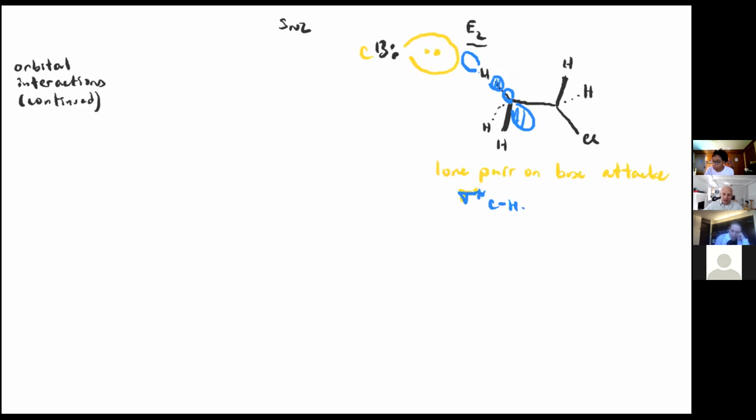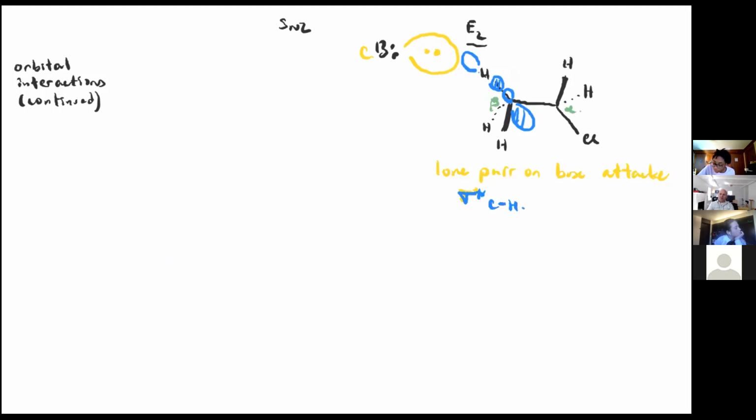So this diagram is overlaid with what we drew on the last slide, okay? It's all happening at once, okay? So the base is attacking sigma star of the CH bond at the beta position, okay? At the same time, the sigma CH bond is starting to donate into sigma star CCl, okay?